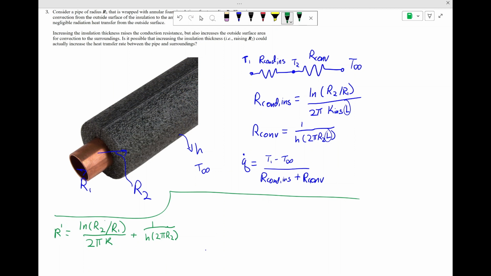So the question is, is there a point at which if we increase R2 further, this R prime actually starts to go down rather than go up as you might expect?